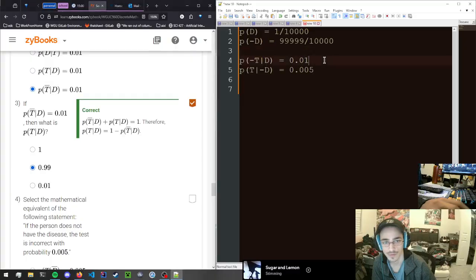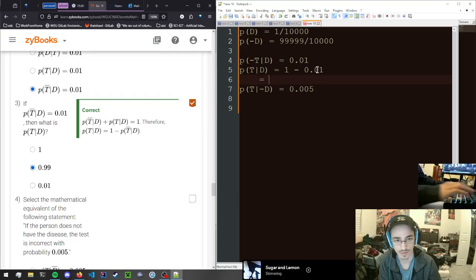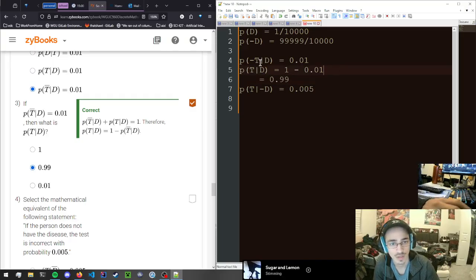Oh, okay. That makes sense. 1 minus this, which equals 0.99. That makes sense. So we can use these two now to calculate Bayes' theorem.